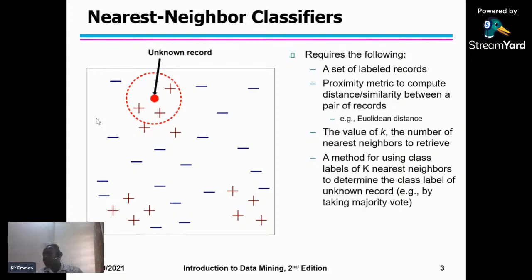A method for using the labels of the k nearest neighbors is to determine the class label of unknown records by taking a majority vote. So we look for those that are very close. And once we compute the Euclidean distance, we keep changing the k value until we've exhausted our test records, and whatever we are comparing with, we already know where they belong.